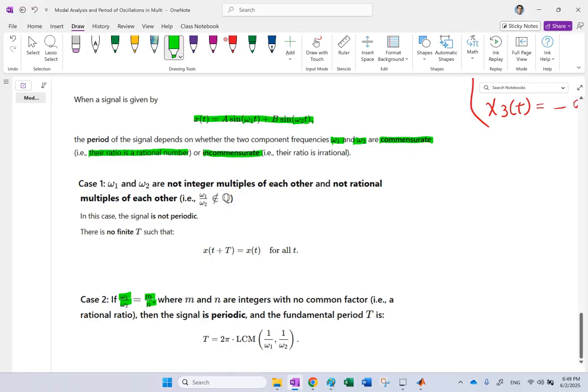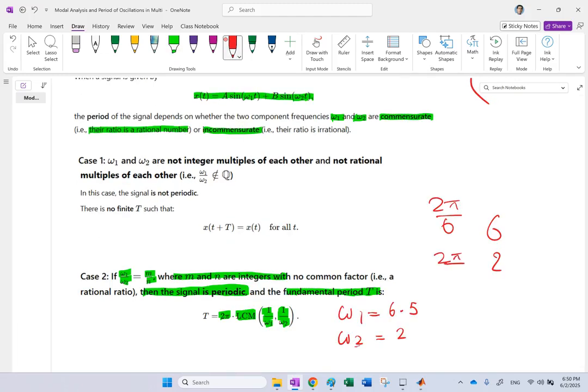You might say, well, clearly, if one of them was an integer multiple of the other, then you can definitely use the smaller one in this case and put it in the denominator. But if one was like 6, one was 2, then one of your periods is 2 pi over 6, the other one is 2 pi over 2, so clearly the bigger one is going to be your fundamental period, if one was an integer multiple of the other one.